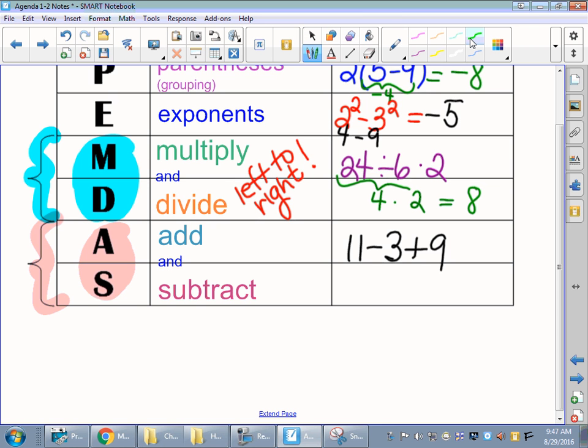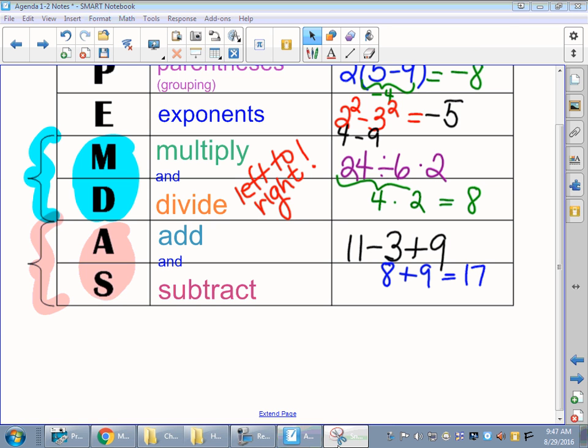So 11 minus 3 is 8, plus 9 is 17. We know those. Just be careful on the multiply and divide. I'm going to actually highlight this because it's so important. You know when I'm highlighting, there's something crucial.